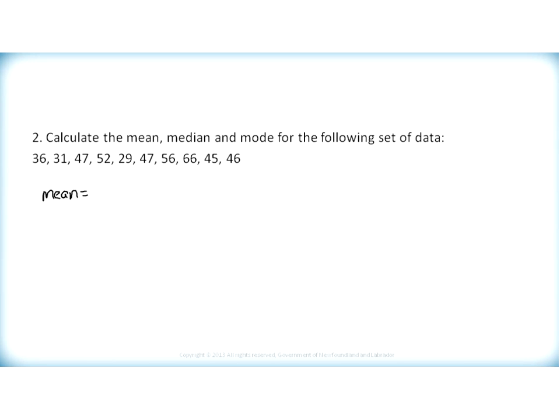So we're going to have to add all of our data together. 36 plus 31 plus 47 plus 52 plus 29 plus 47 plus 56 plus 66 plus 45 plus 46.